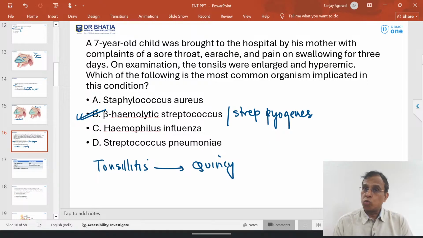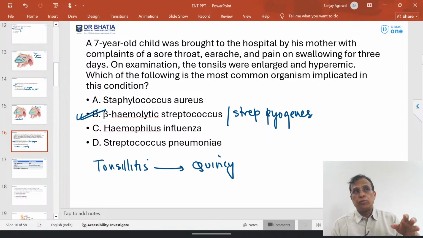The answer is no. Actually, the most common tonsillitis is a viral condition. Most of them are viral inflammations, usually caused by adenovirus. अगर इसमें adenovirus दिया होता, तो that would have been my correct answer, right?